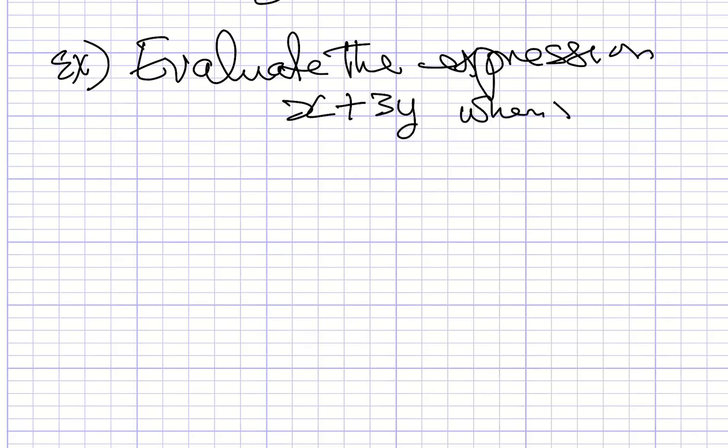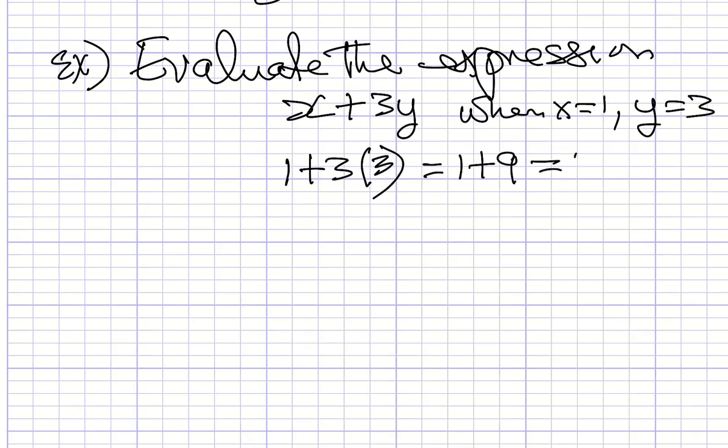When x equals to 1 and y equals to 3. So you just put the variable into the expression. You get 1 plus 3 times 3, right? And then you get 1 plus 9, you get 10. That's what they're saying there.